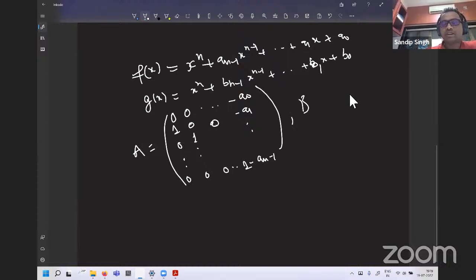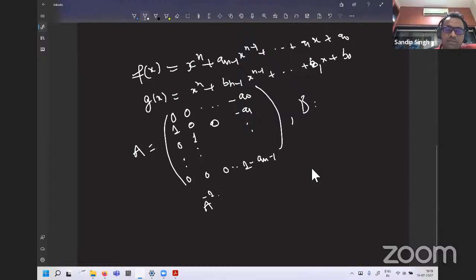Similarly, you can write B also. So A sends e1 to e2, e2 to e3, ..., e_{n-1} to e_n, and e_n to minus a0 e1 minus a1 e2, and so on. And so does B. So what about A inverse B? A inverse B sends e_i to e_i.